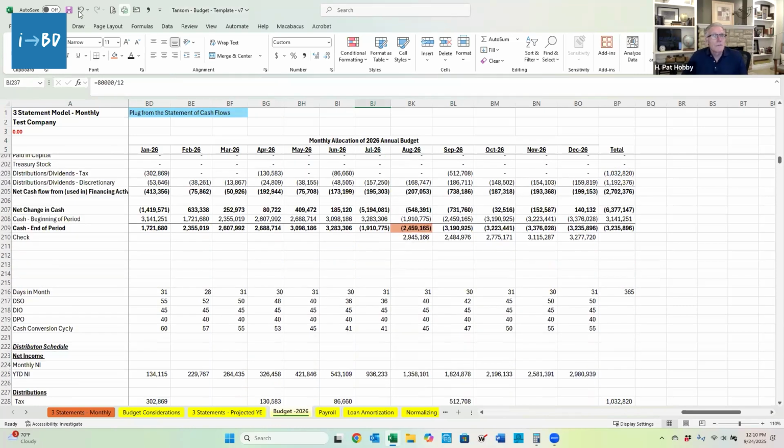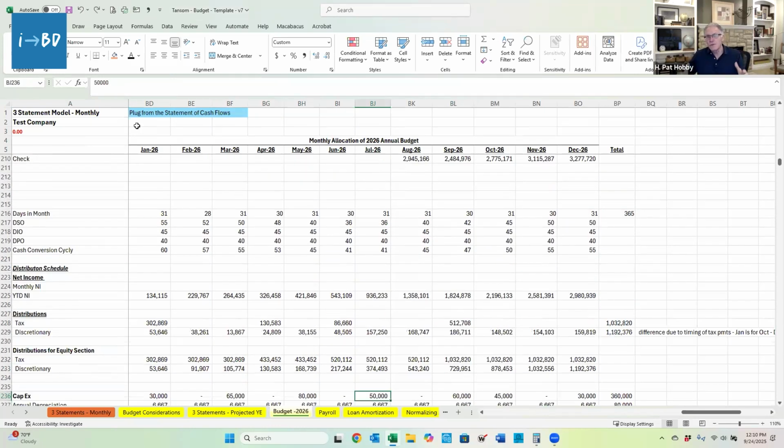But this kind of tool, when you develop this, helps you all the way from thinking about sales, which is the starting point, to what money, I don't want to say it's left over, what money is available based on these results that I can use as an owner.